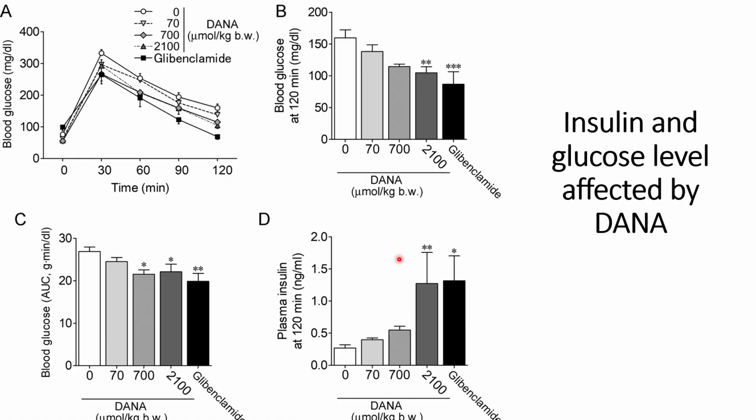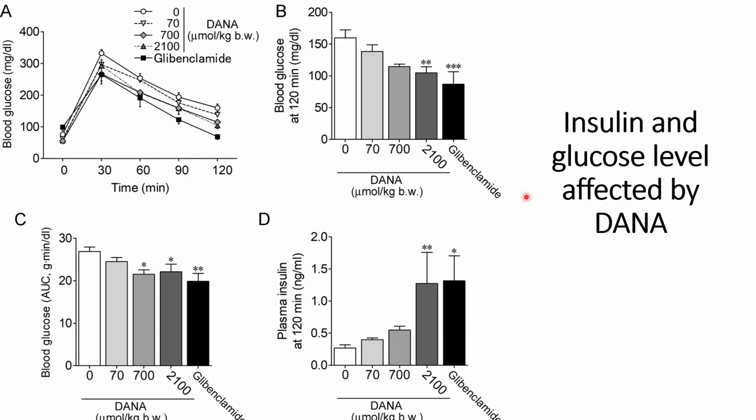So if glucose levels are around 8.3 millimolar, there is a natural tendency of the body to secrete insulin, and in that condition, if DANA is used at a concentration greater than 10 micromolar, we can see the increase in the insulin secretions, which is accompanied by the DANA.